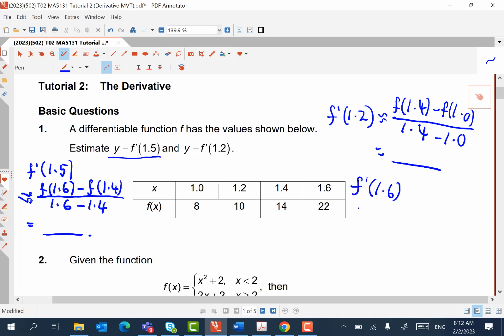Let's hear from Jaira. If you have to approximate this, what would you do? Brilliant. Yep. Right. If you're ever asked, okay, that is number one.